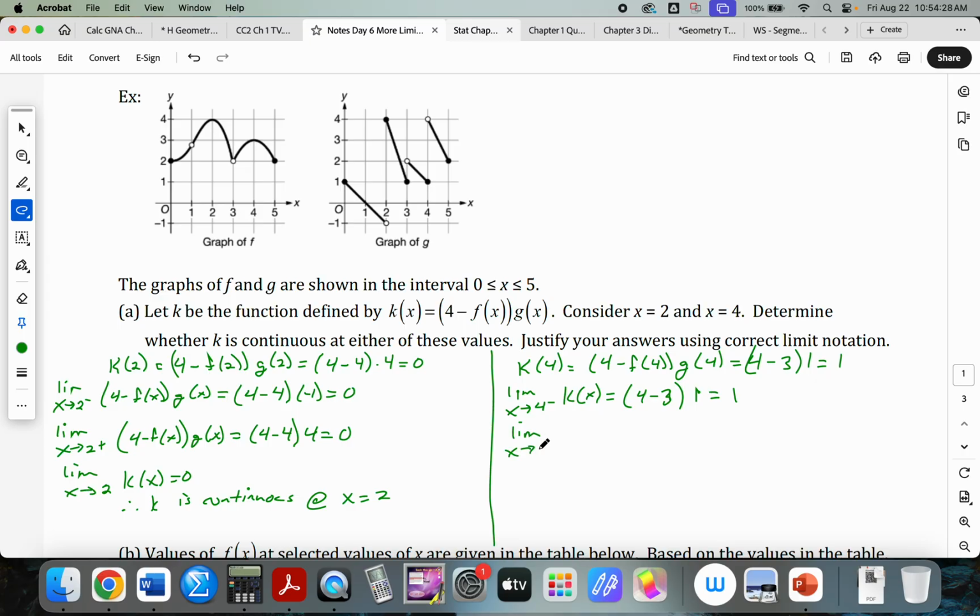Then we do the limit as x approaches 4 from the right of k of x. It's going to be 4 minus. As we approach 4 from the right, f approaches 3. So like, this is going to be exactly the, oh, wait a minute. Not so much, is it? Because as we approach 4 from the right, g approaches 4.